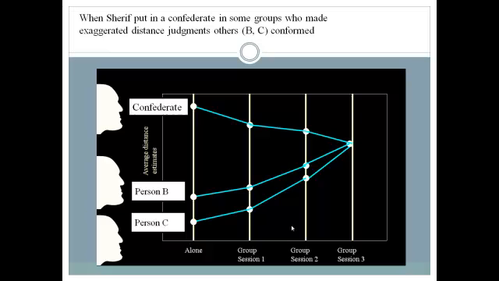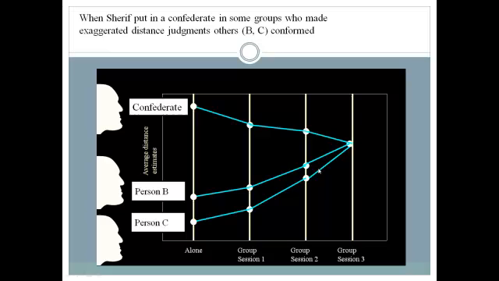No, what actually happens is that person B and C eventually converge with the confederate's responses. So the responses essentially join up here.